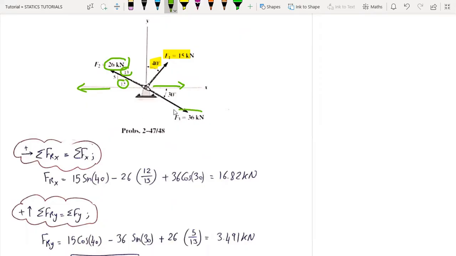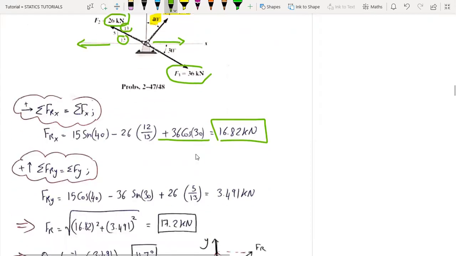And the third force, positive 36 cosine 30, we will get the result to be 16.82 kilonewtons.